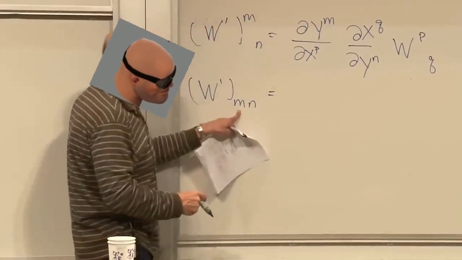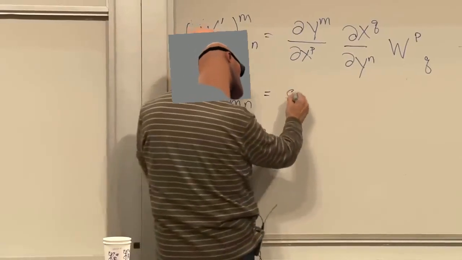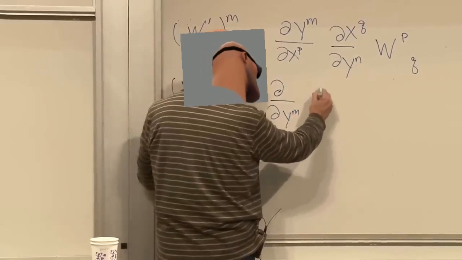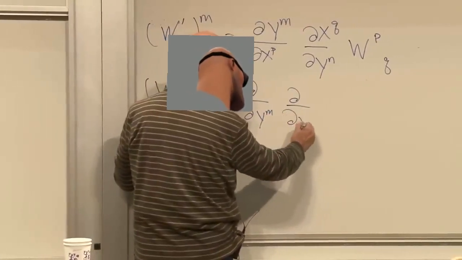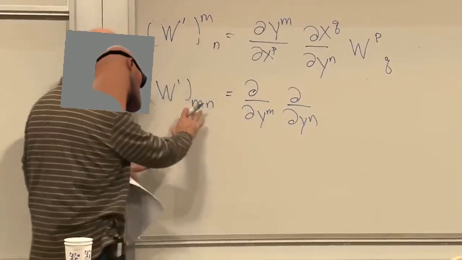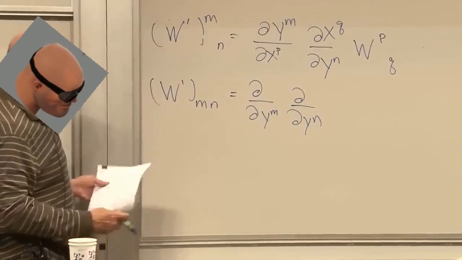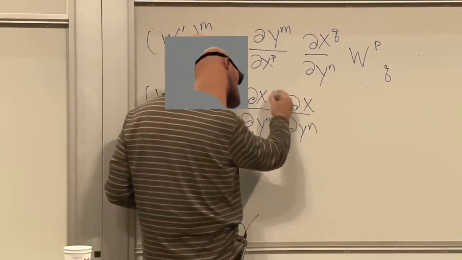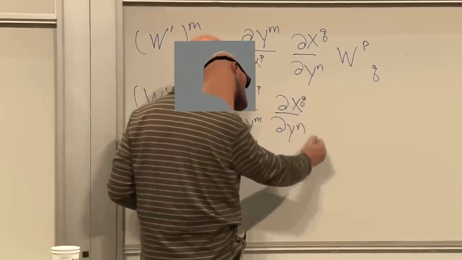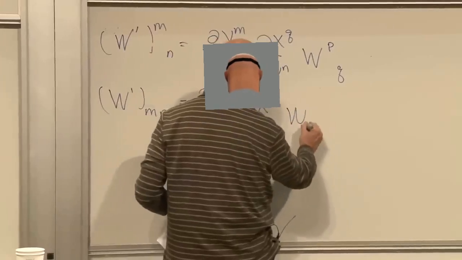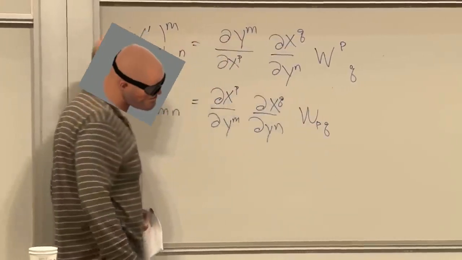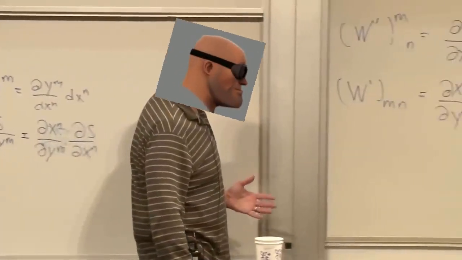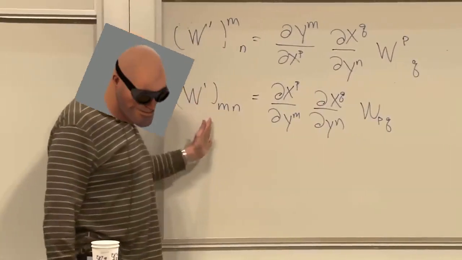Again, there are downstairs y's, m, n. Again, m and n go with y. What do I put upstairs? Well, the only thing I put upstairs is x. Call this one p, call this one q, and now this is W pq. All right, so this is the transformation property of a thing with two indices, purely covariant now.